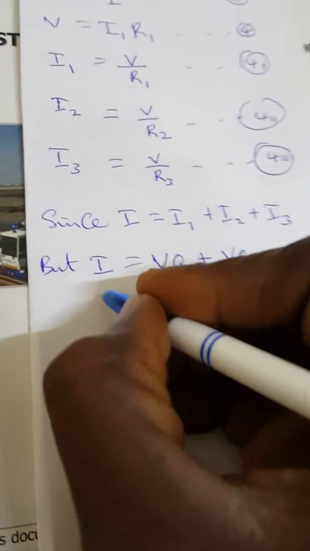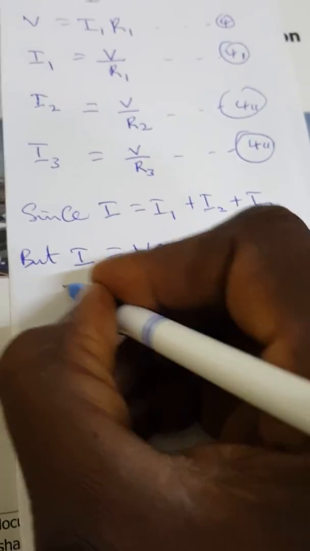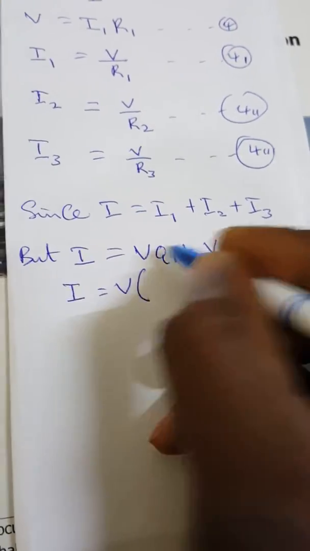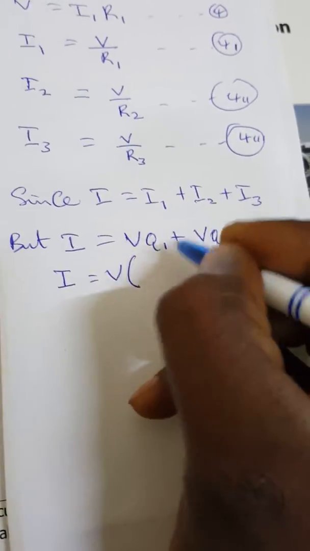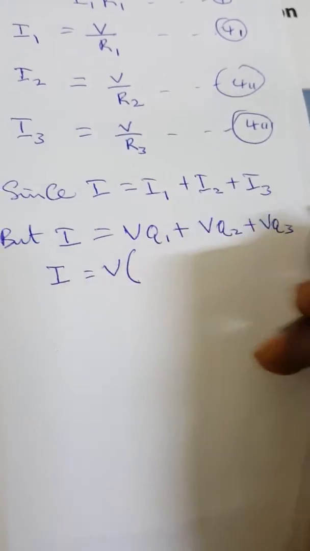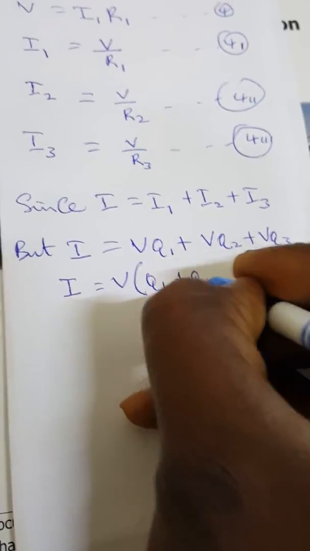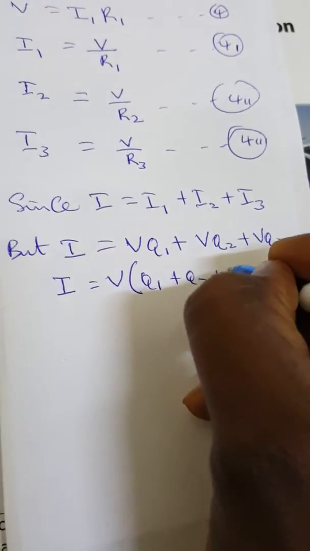Agreed? Also, I is equal to V in bracket; this V will multiply all of these. You have G1 plus G2 plus G3. Agreed?